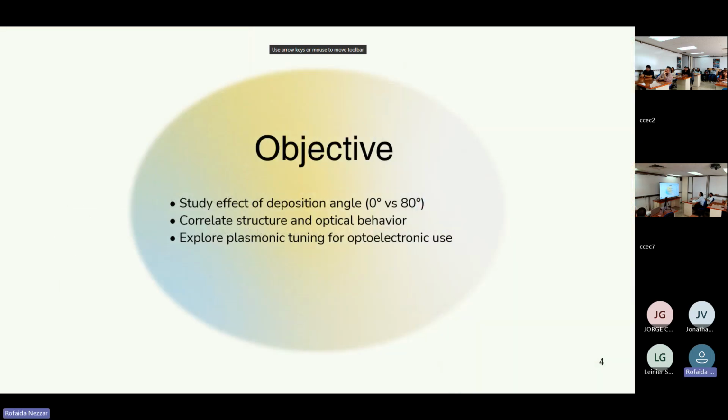So the main objective of this work is to investigate the influence of deposition angle on the structural and optical properties of gold-doped tin oxide thin films.